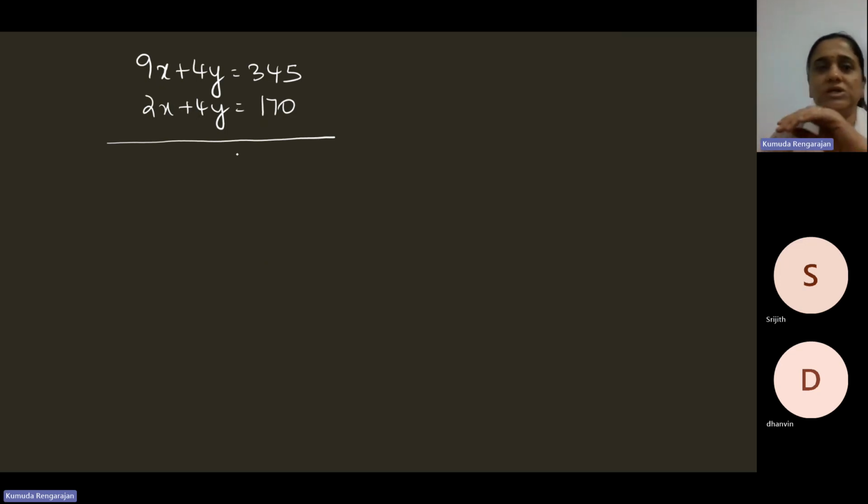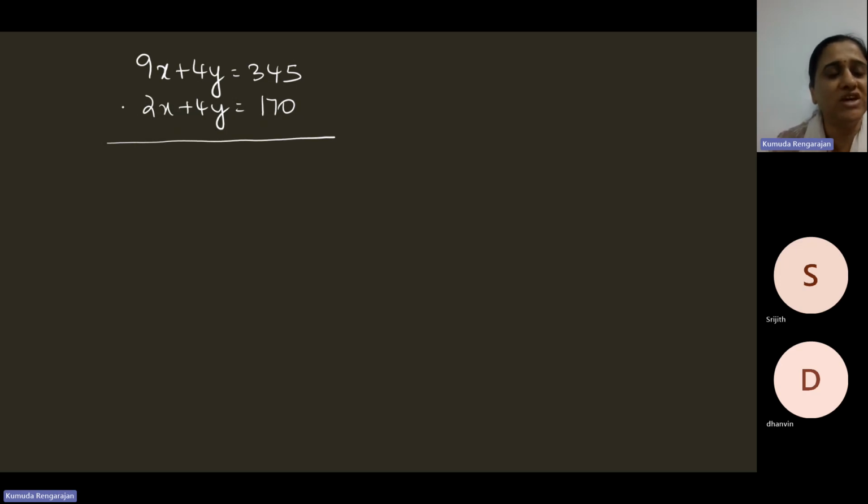When you have two equations, you can add them, subtract them, multiply, or divide. Now we'll talk only about adding and subtracting. What is 4y plus 4y? 8y. So if you add the two equations, you will get 8y. Let's subtract the two equations.